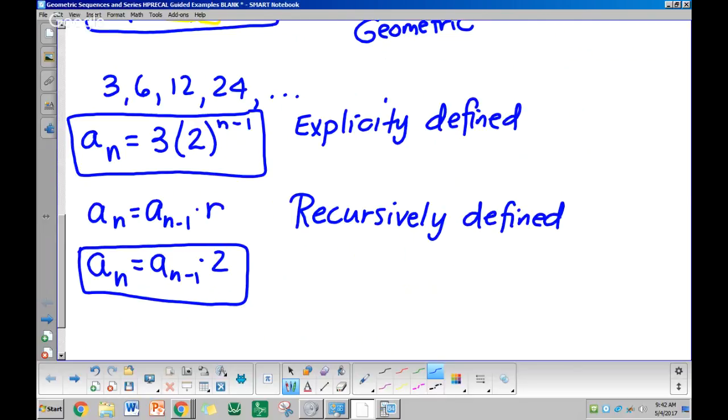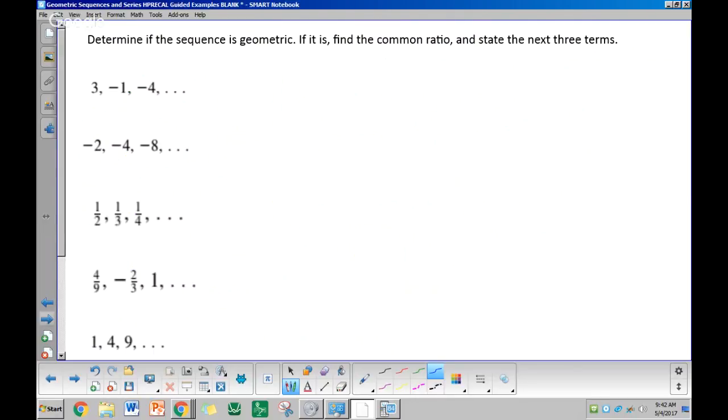All right, so let's play the game. Is this geometric? All right, 3, -1, -4. Is that sequence geometric? No, and how do you know? You could say -1/3 is certainly not equal to -4 over -1, right? No common ratio there.